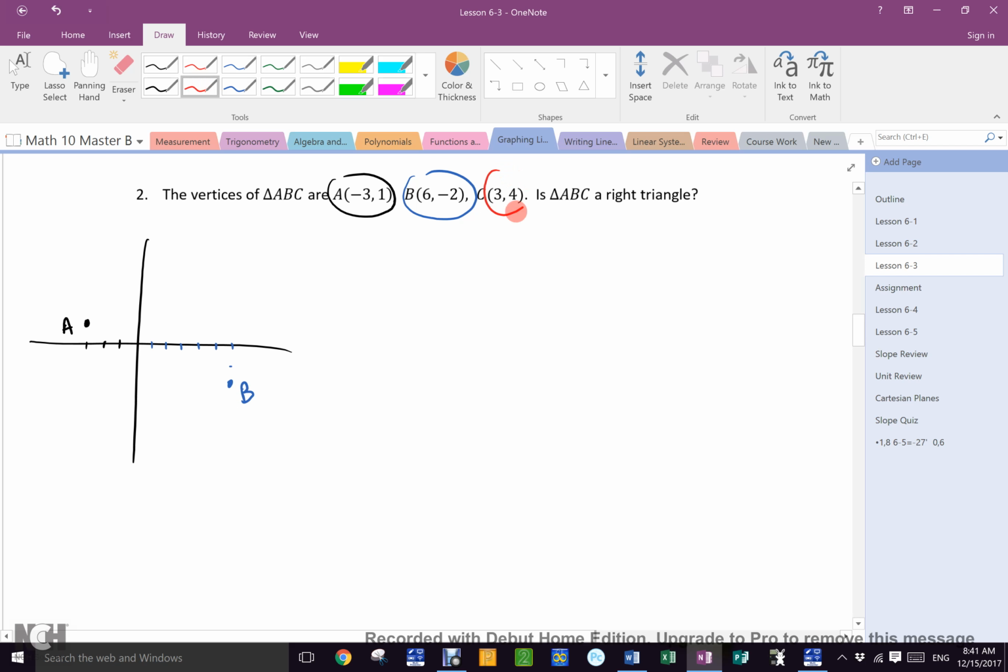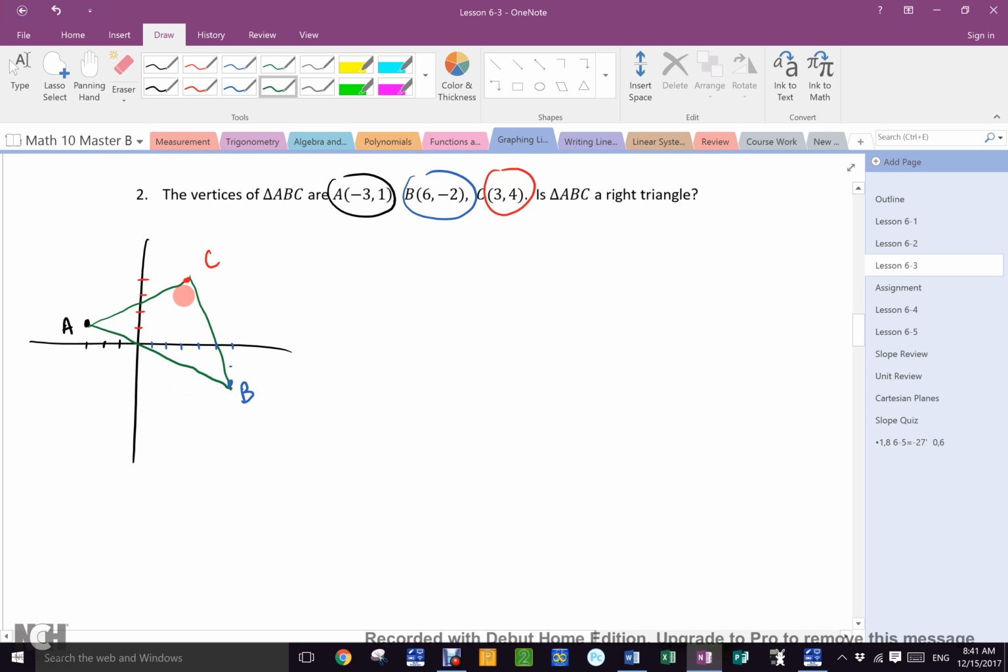Where's C? 3, 1, 1, 2, 3, 4, up. There's C. Now I can connect them. What is the only one of those 3 that may be 90 degrees?